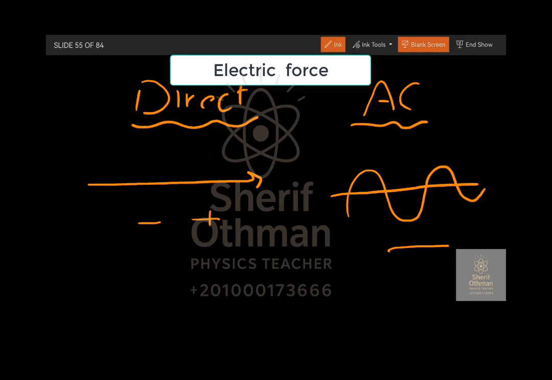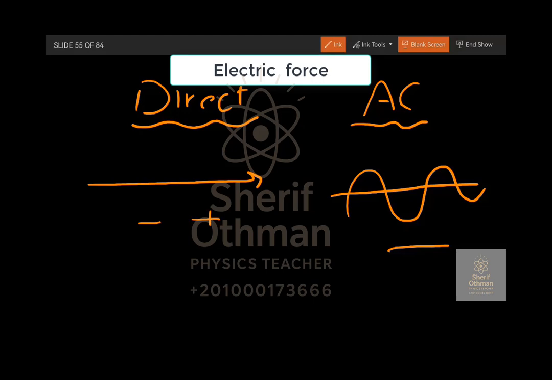The difference between the direct current and the alternating current: direct current cannot be transferred over a long distance. The intensity decreases as the length of the conductor increases, while alternating current can be transferred over a long distance with high voltage. As we know, guys, we use 220 volt electric current in our homes.